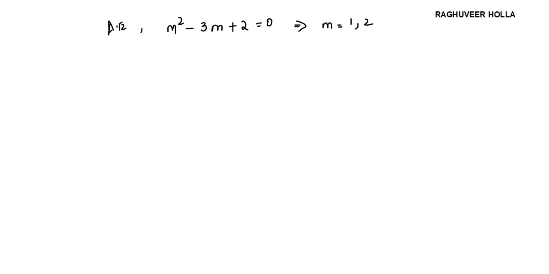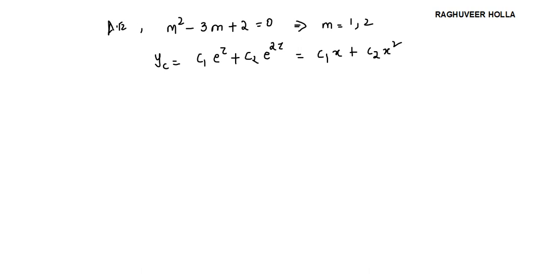Now the complementary function, which is yc, is c1 e to the power of z plus c2 e to the power of 2z. Now this is c1x and this is c2x square. That is yc now.